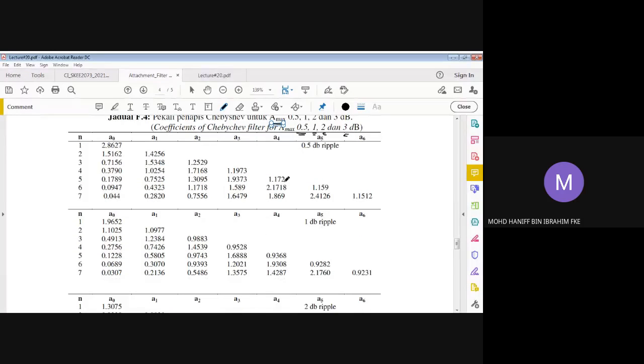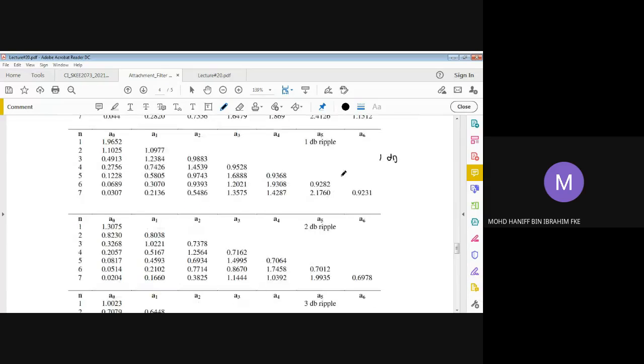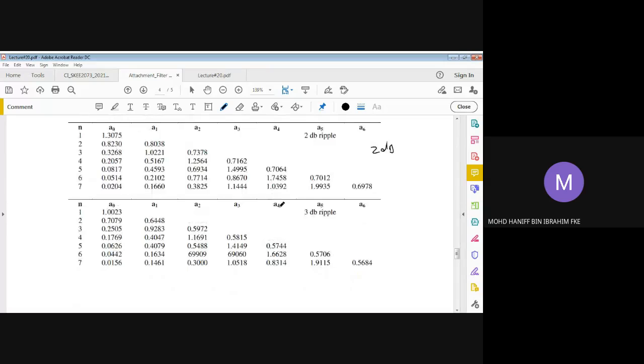The first column is for A max of 0.5 dB. Here is A max of 1 dB. The third is A max of 2 dB, and the last column is for A max of 3 dB.